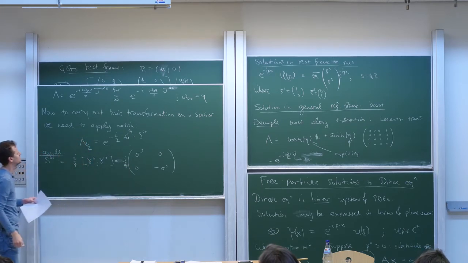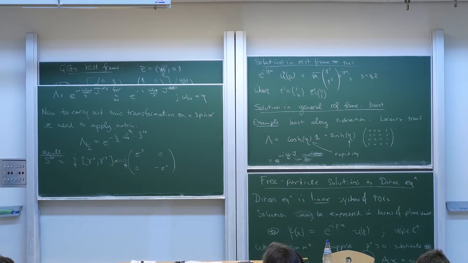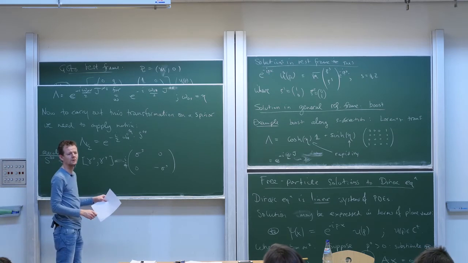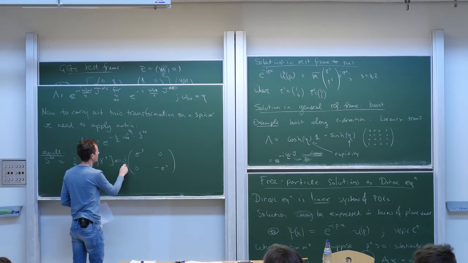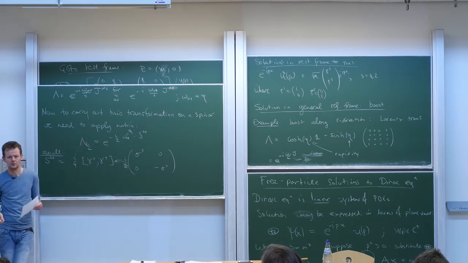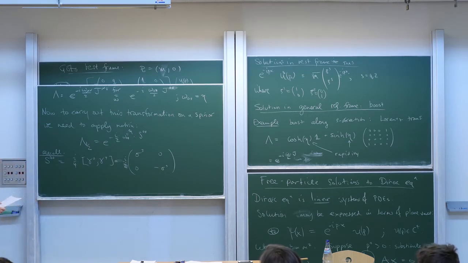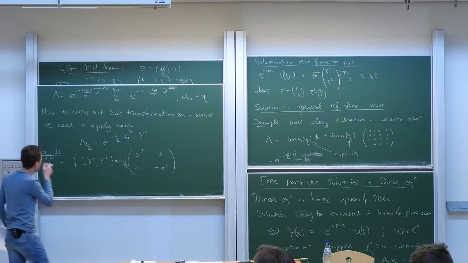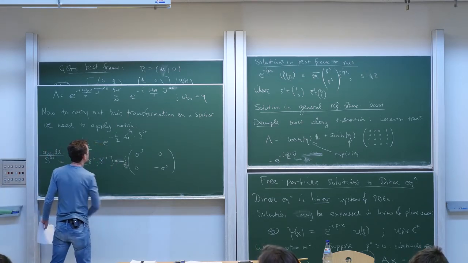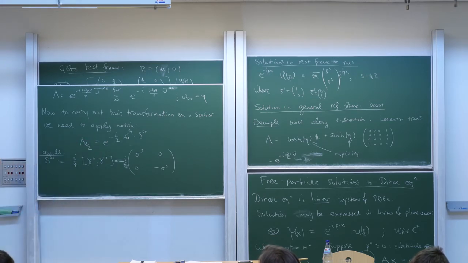I think it's that, actually. Oh, no, there's a 2, isn't there? A half? Right. I think the minus there is correct, right? Yeah. Minus sign. All right, so that's S03.